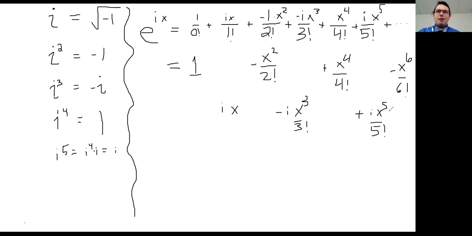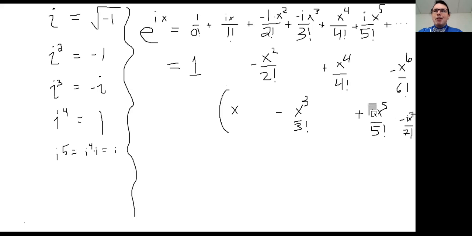On the second row, where I've isolated all of the imaginary numbers, the next one of these would be minus i times x to the power 7 over 7 factorial. Well, each of them is multiplied by the imaginary unit i. So what I will do is I will factor that out.